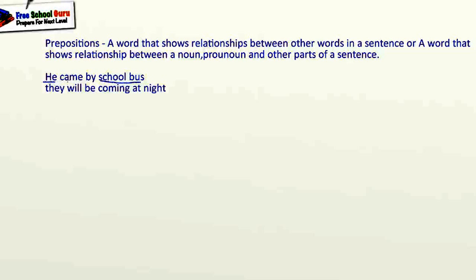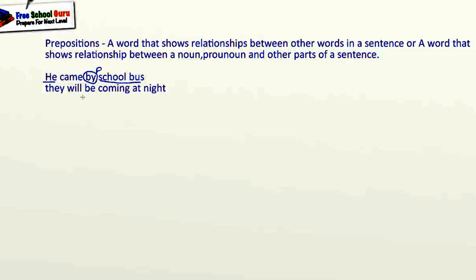So he came by school bus. The word which is joining the noun or a pronoun and the other part of the sentence is by. So by becomes our preposition. Is that clear?